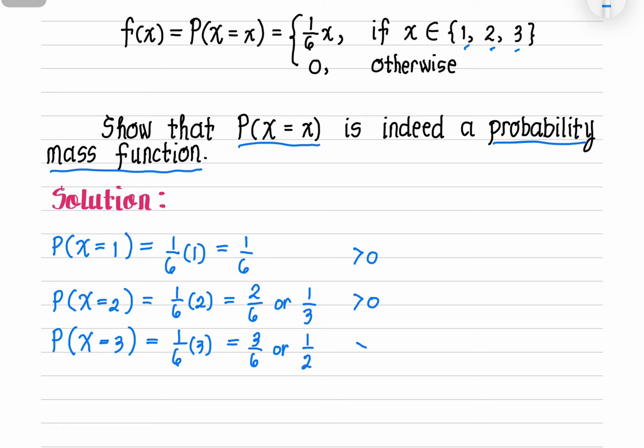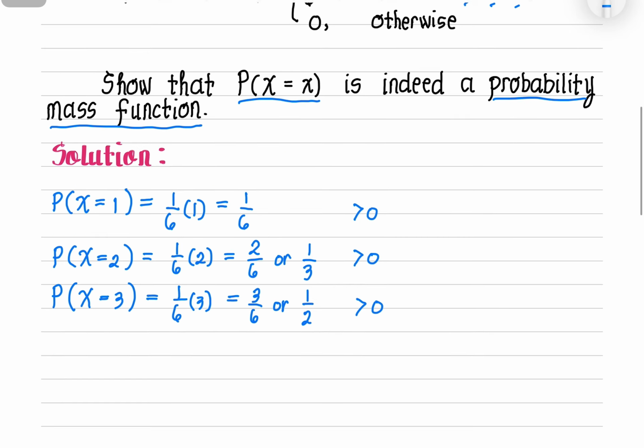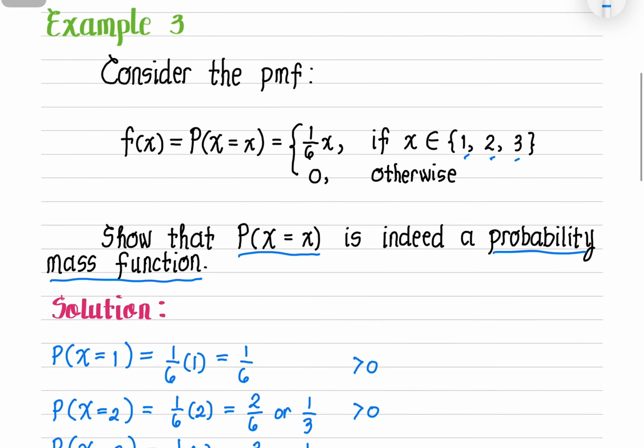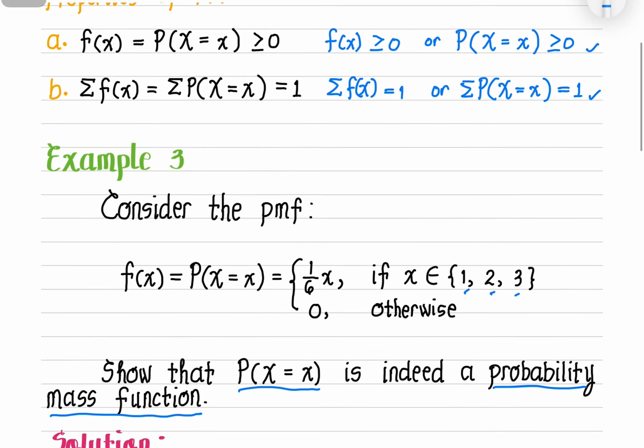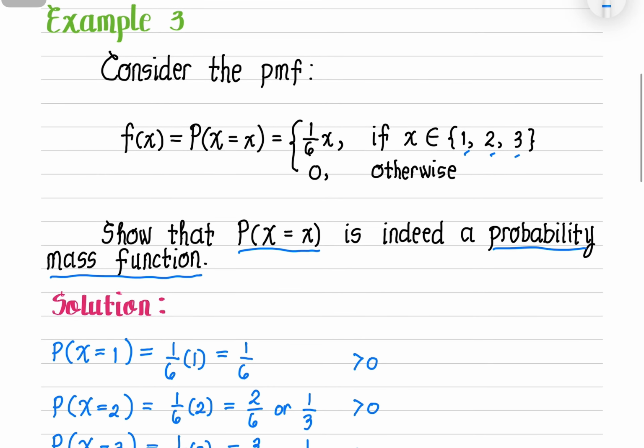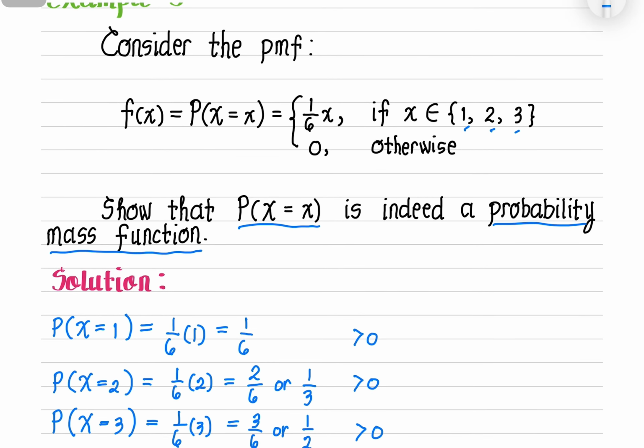And of course, 1 half, that is 0.5. So, which is greater than 0 pa rin. Okay. And then, ang ibig sabihin, since na greater than 0 naman siya, so masasatisfy natin yung first property natin, which is greater than or equal to 0. So, nasatisfy niya yon.